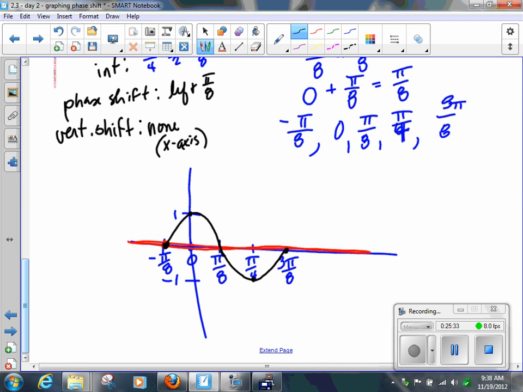Rock on. Questions? Yes. When you do have a vertical shift, I know when we're labeling it, we're labeling the x-axis. Well, you're labeling the intervals on the x-axis because those are our x values, okay? But if it had a vertical shift of 2, and it's up here and your oscillation line is up here, you still have to put your intervals down here on the axis.